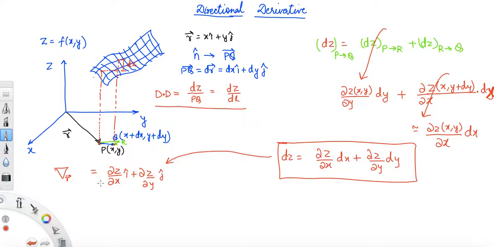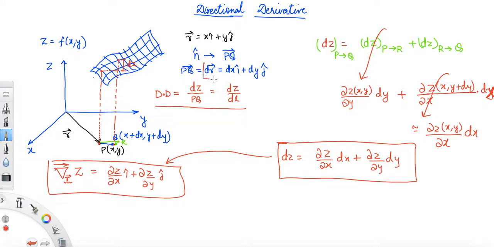This is your gradient vector. Why this gradient vector? Because you are basically calculating partial derivatives at p. So del z over del x, del z over del y. This is gradient vector. So gradient of what? Gradient of z. And at what point? At point P indicated by this position vector. And I'm putting an arrow sign here to indicate that this is a vector. This is how we symbolize the gradient vector. This is the definition of gradient vector.